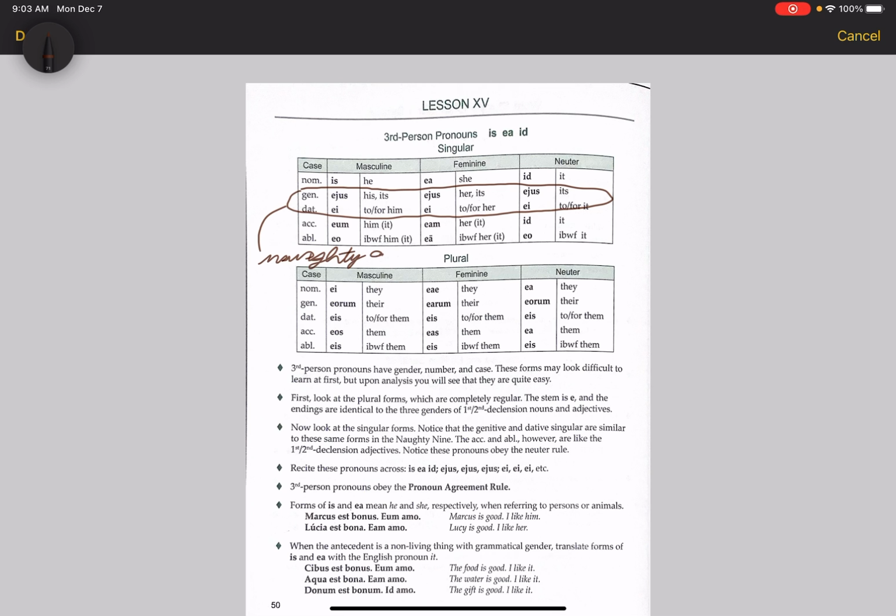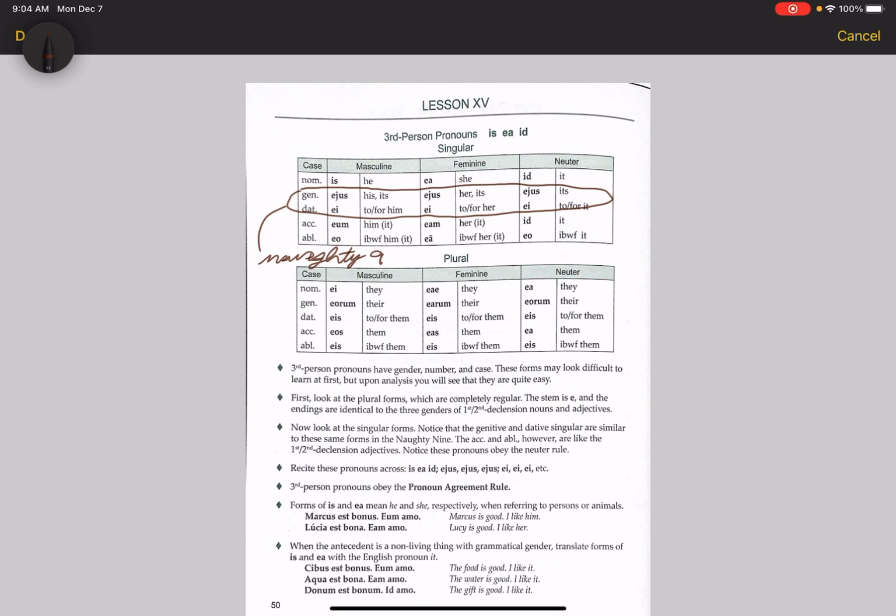So, for example, solus goes solus, solius, soli, and then returns to a normal solum, solo. So these genitive and dative endings are a little bit like the Naughty Nine endings. Other than that, they are regular.